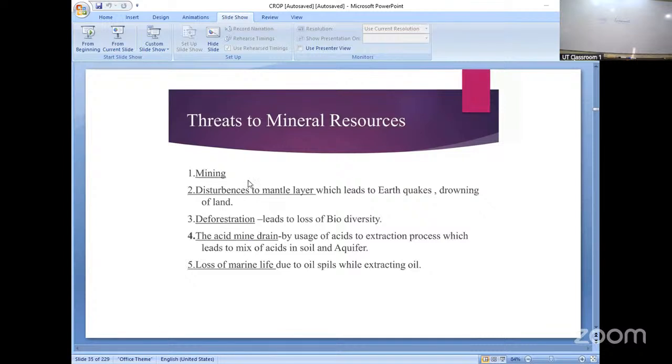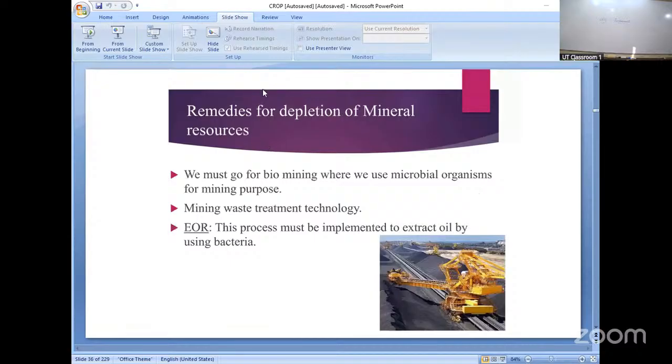And again, there is disturbance to this layer, like natural calamities such as earthquakes, drawing of the land, deforestation, or loss of marine life due to oil spills. Like this, they are harming the mineral resources. And acid mine drainage is caused by the usage of acids in the extraction process, so that the leachate mixes with the acid in soil and aquifer, right?